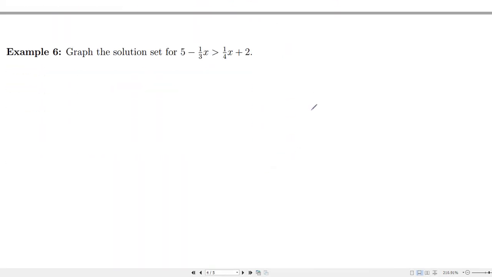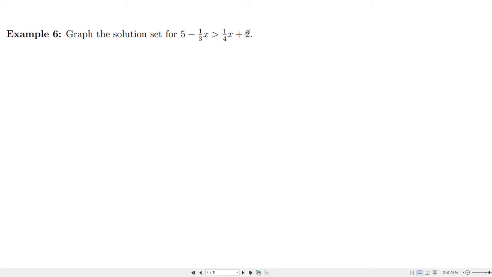Well, what about this one here? Okay, so this one is a little bit more involved, but we have a few fractions, and one trick that we used before, you don't have to do this as the first step, but it might help you, and that is to get rid of the fractions. And how did we do that? Well, we multiplied by sort of a common denominator. So if you find the least common denominator, in this case, it would be 12, right?